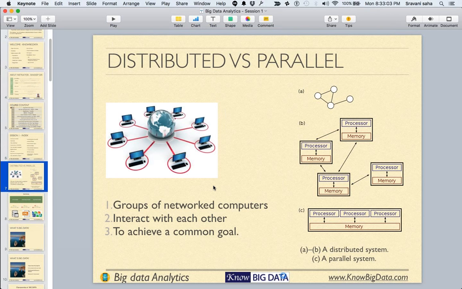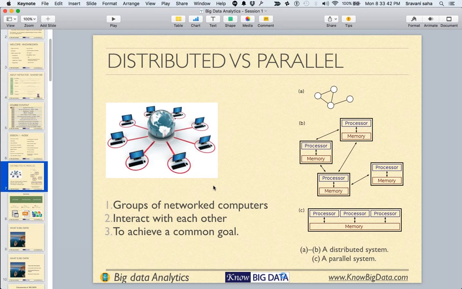Also, please note that in both cases, distributed and parallel, we distribute our logic to multiple computers. Let's say we are trying to execute an SQL query. Rather than it being executed only on one machine, in a distributed environment that query will be executed on multiple computers in parallel. Similarly, in a parallel environment, the same query will be executed in parallel on different sections of data over multiple processors.